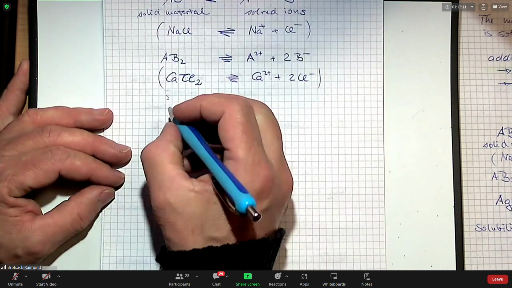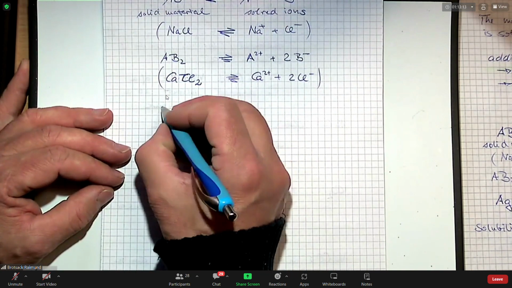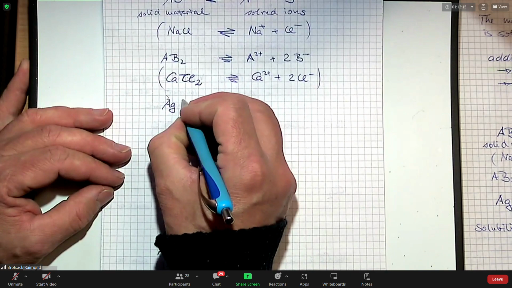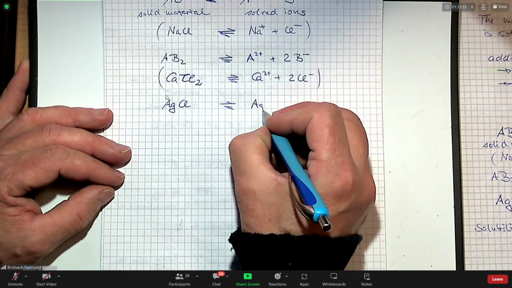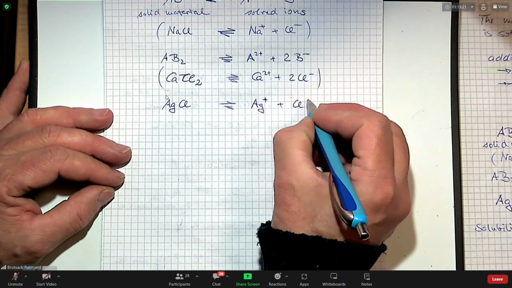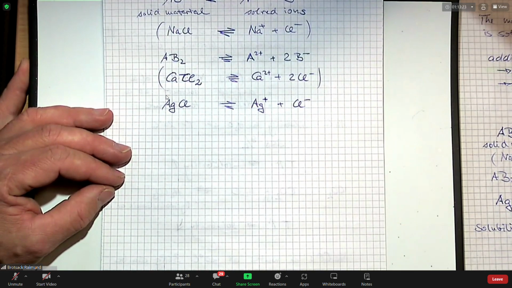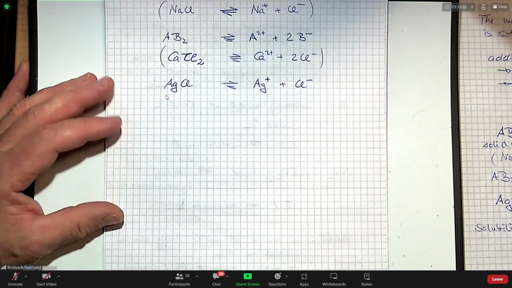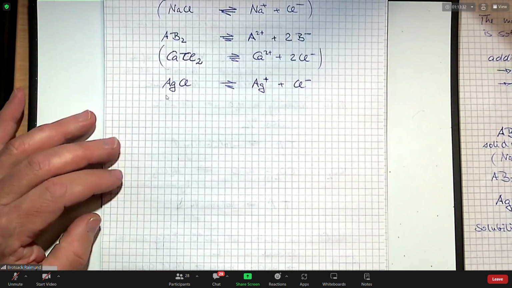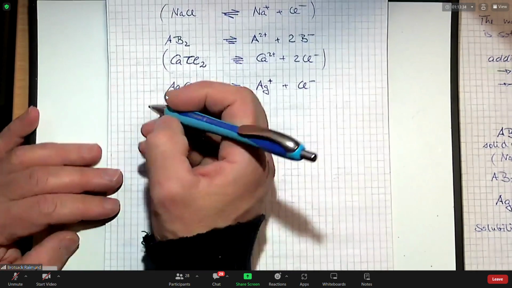If we have silver chloride, for example, AgCl, we have silver plus ions plus chloride ions. Now let's come to another term. It's called the solubility product.